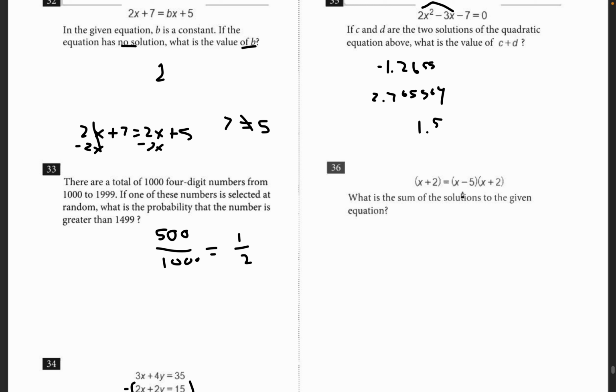Wait. Yeah, you cannot be like negative 2, 5, negative 2. No. You have to multiply them. X squared plus, well, okay, x squared plus 2x minus 5x, that's minus 3x. X squared minus 3x minus 10 is equal to x plus 2.